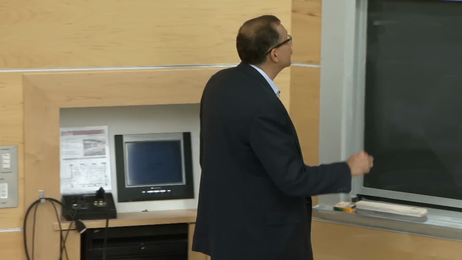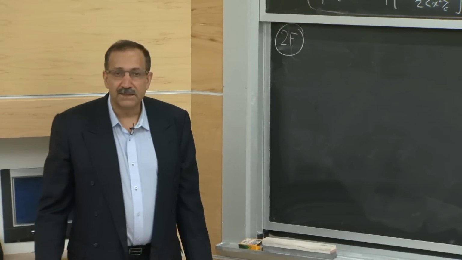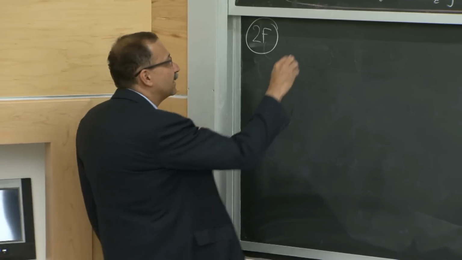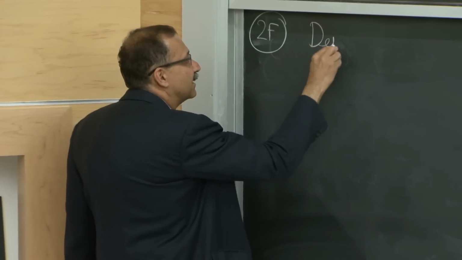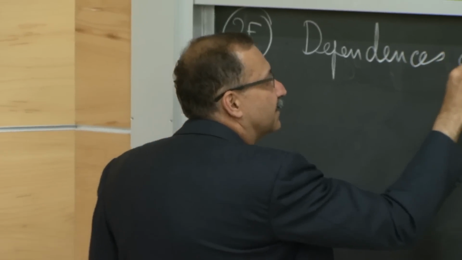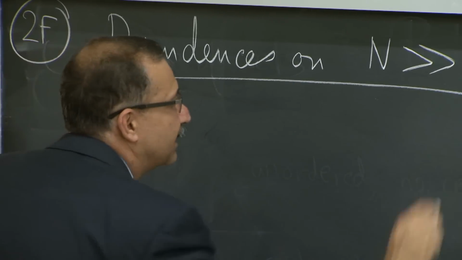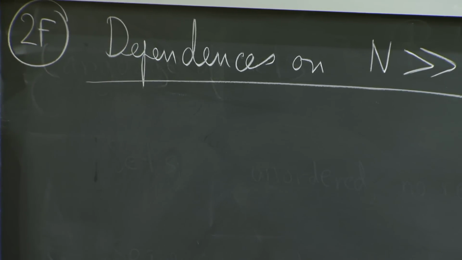So it's clear that we are building results that have to do with dependences on n. So let's look at some other things that happen when we are dealing with a large number of degrees of freedom.